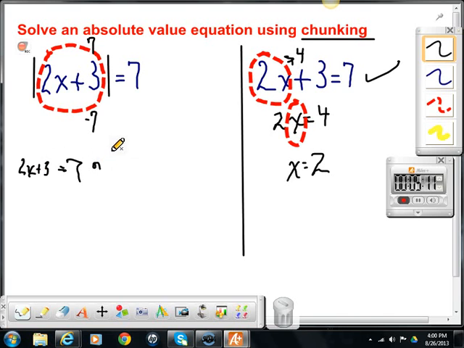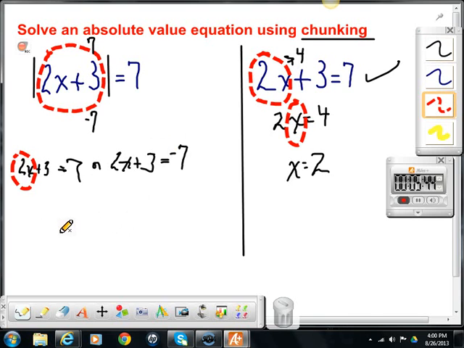Our chunk, 2x plus 3, can take on the value of a negative 7. All right, here's our chunk. A smaller chunk, but still our chunk.